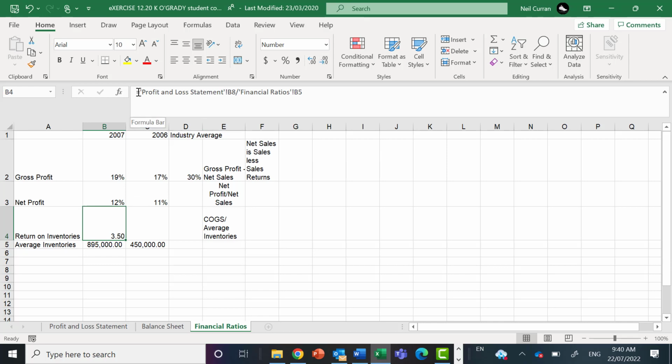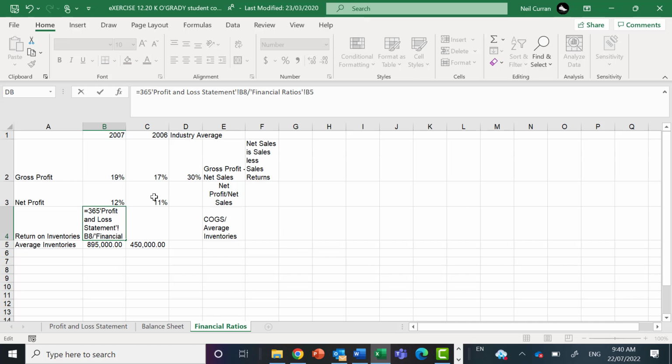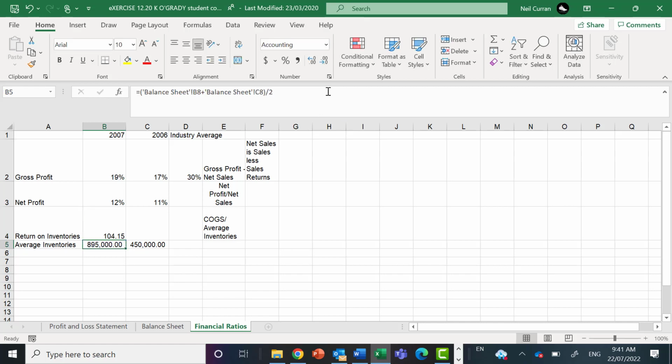To get it to a more meaningful amount, we are going to convert it into days. And to do that, 365 days in the year divided by, open your brackets and close your brackets over here. And as you can see here, we turn over all of our average inventories in 104 days a year. And then we're going to do it for 2006.